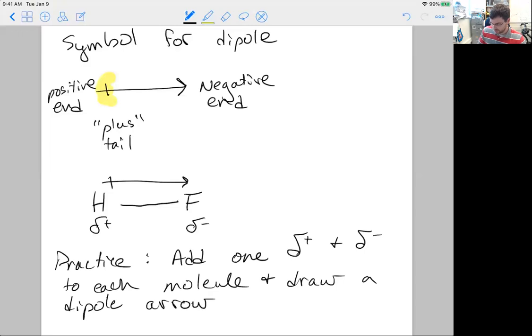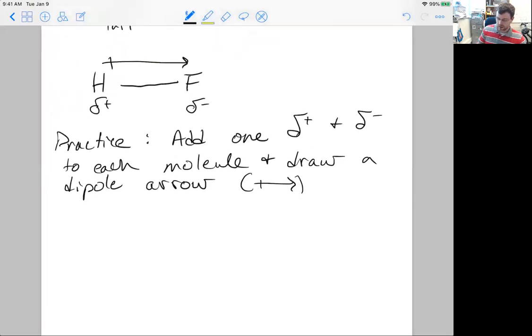And the dipole arrow again is our arrow where we have a plus tail. So let's take a molecule called chloromethane. I'll write a few of these in case somebody wants to pause and give it a good college try.